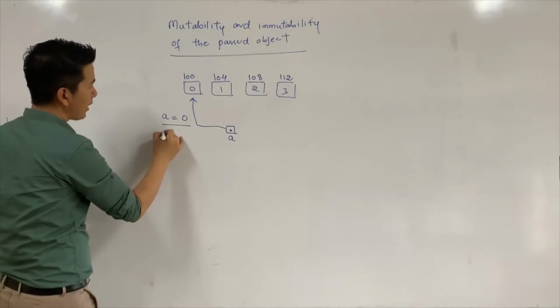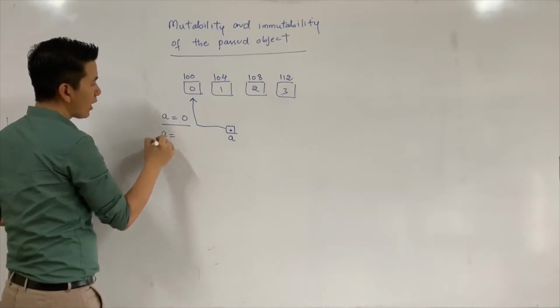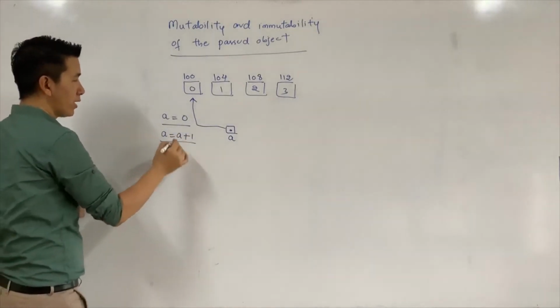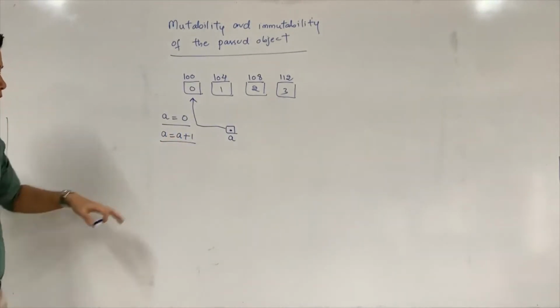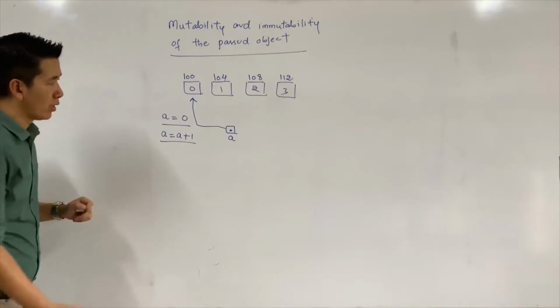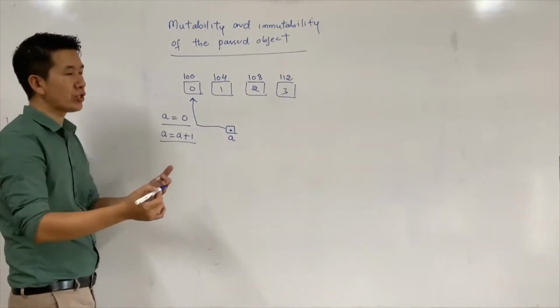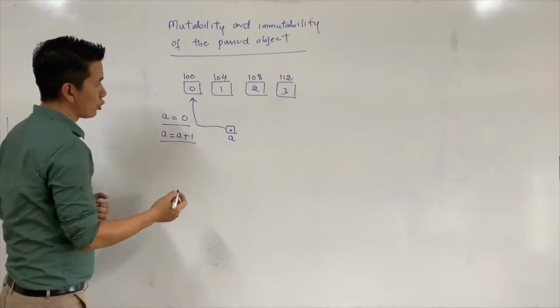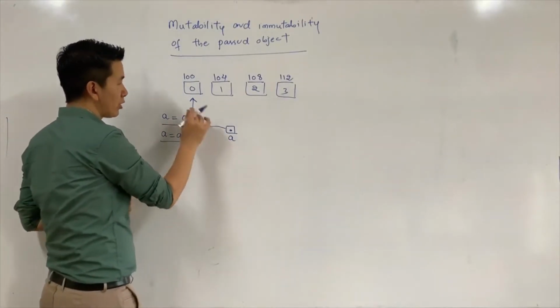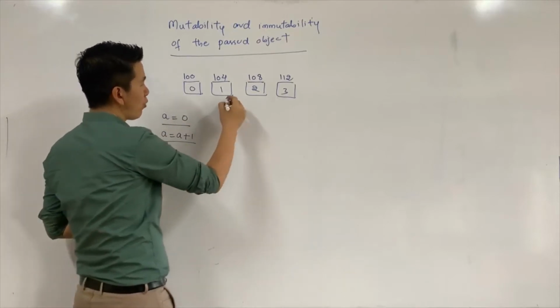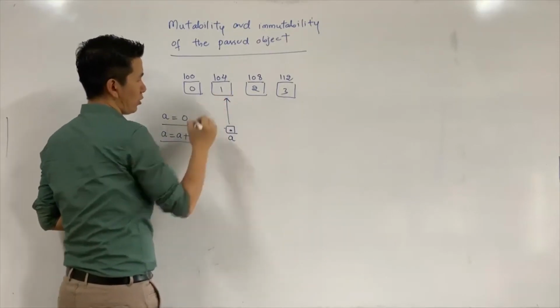Now let's say I change or I increment the value of a by 1, okay? A is added with a value of 1. So what happens here is, at this time, the value of a actually changes from 0 to 1. So at this time, this particular pointer a will now point to this. Okay?